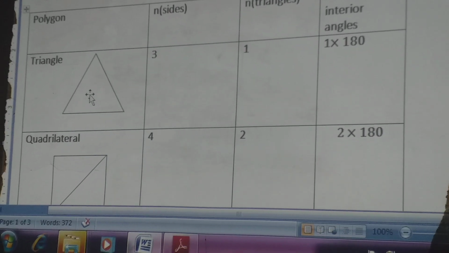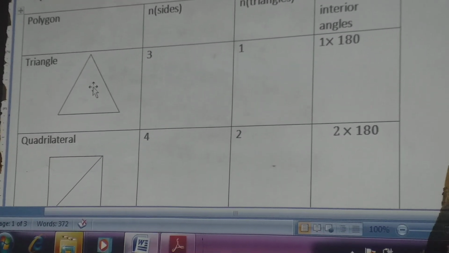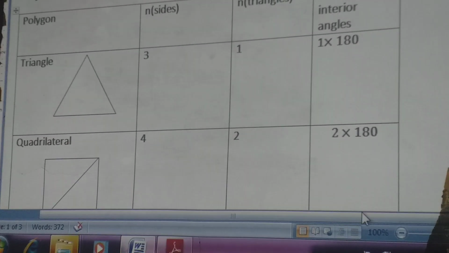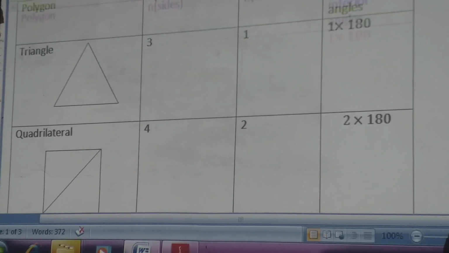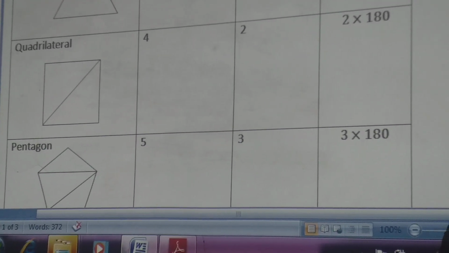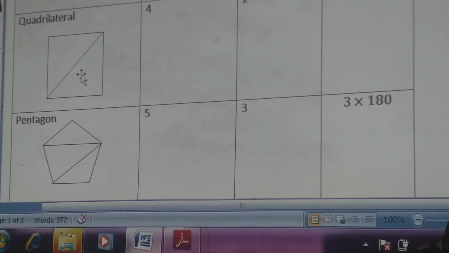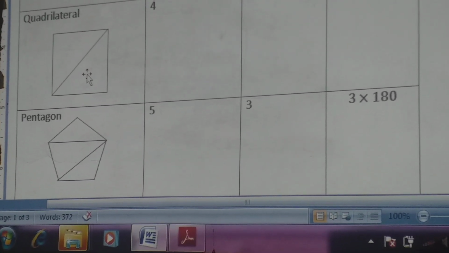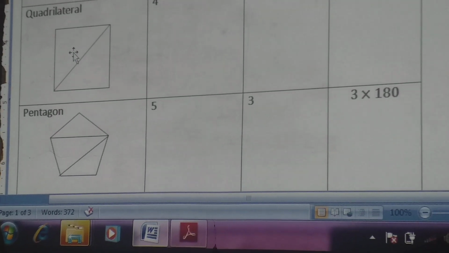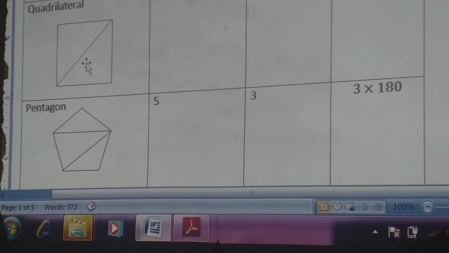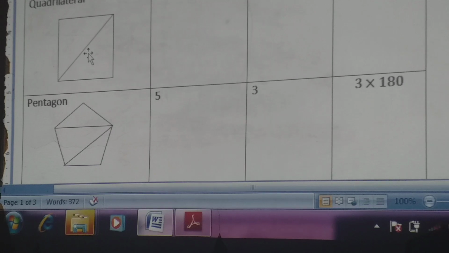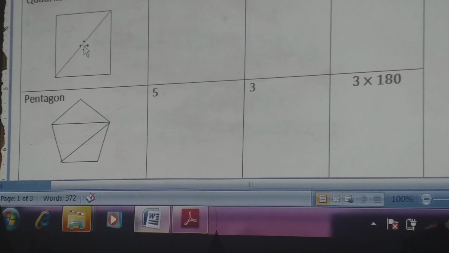Because we know the interior angles of any triangle add up to 180 degrees. So each triangle is 180. With two triangles, we have 2 times 180, because this one is 180 and this one is 180.